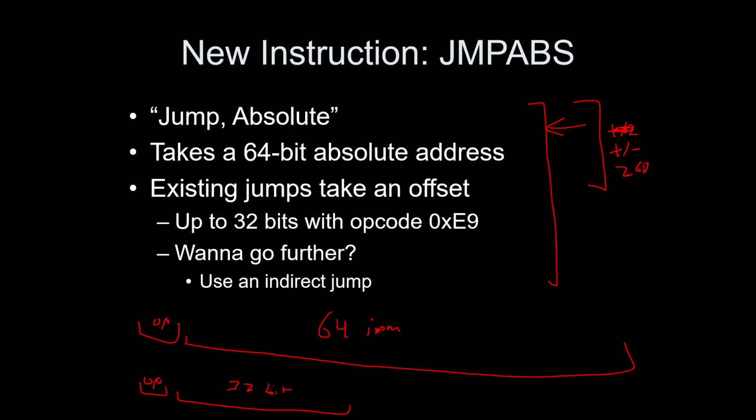If you want to jump further away, you would have to either chain jumps, or you would probably load a 64-bit value into a register and then do an indirect jump, so jump to the value in this register. Well, that would take an additional instruction to load that 64-bit value into a register, and then another jump instruction to actually go there. And this would simplify that task.